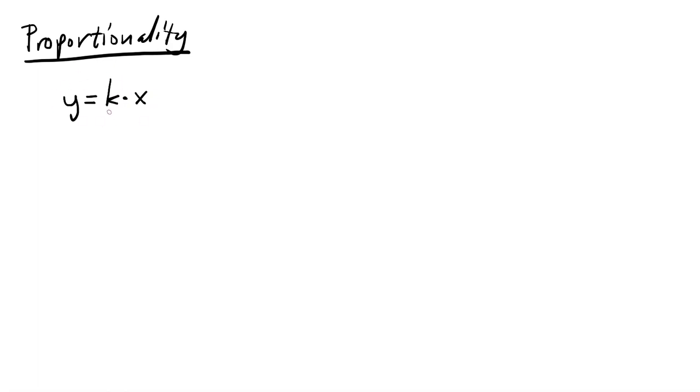So this holds. That means, for example, if I double x, then y doubles, and if I triple x, y triples. So that's proportionality. But this is just a special case of linearity, the linear function, because I could add a 0 here. And then we see here, this just corresponds to m being equal to 0. So if I have m equal to 0, I have proportionality.